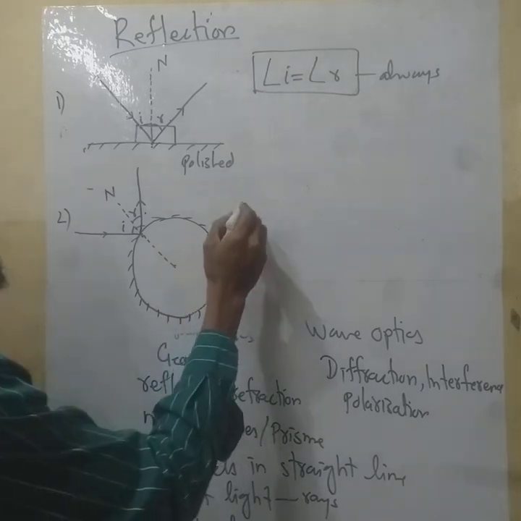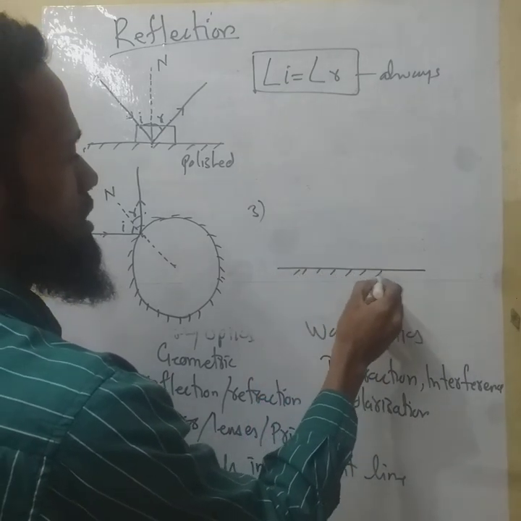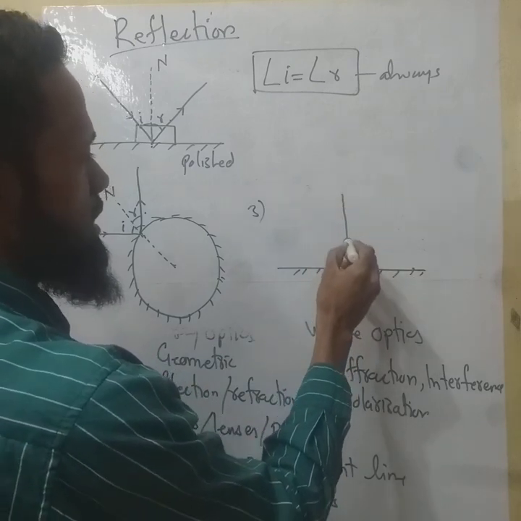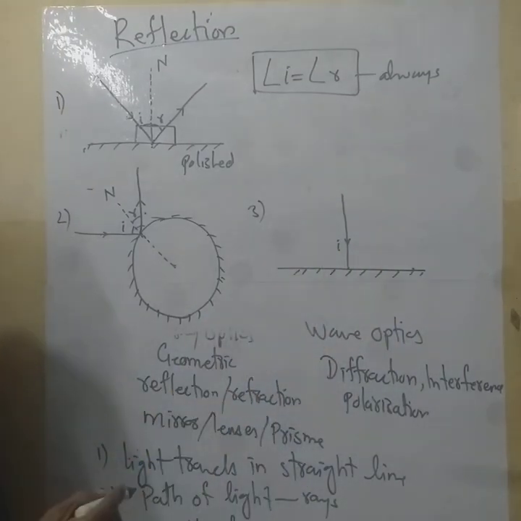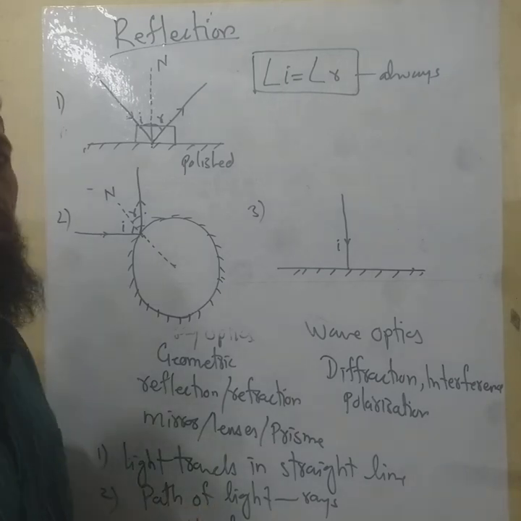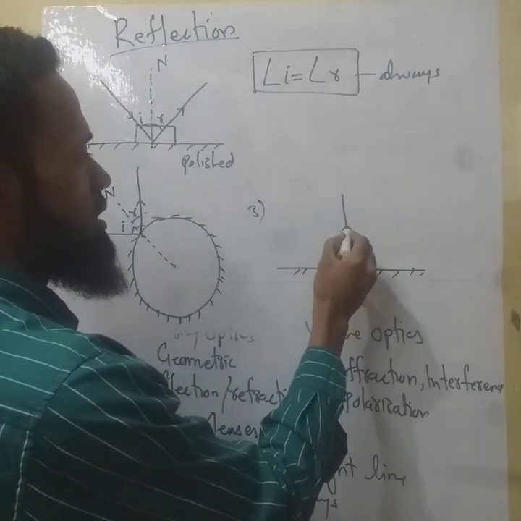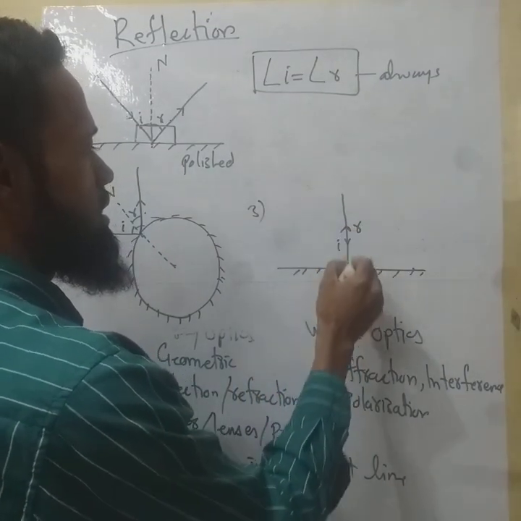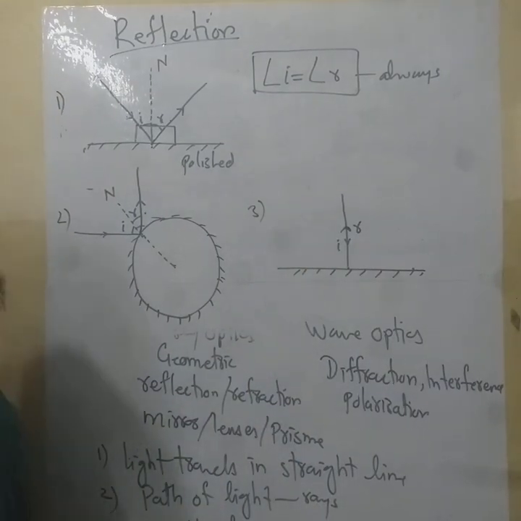Now we consider a third case, that is normal incidence of light on a plane surface. Suppose this light ray is incident normally on this plane surface. How will this ray get reflected? The light gets reflected in the opposite direction to the incidence of light, making zero angle with the normal.